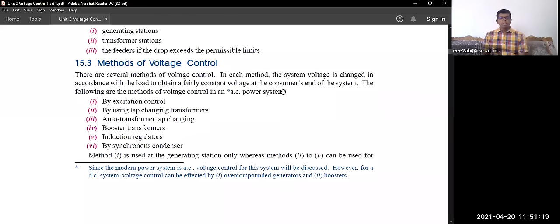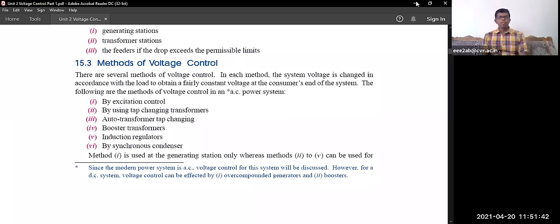In today's class, we are going to see about the methods of voltage control. There are several methods of voltage control. In each method, the system voltage is changed according to the load to obtain a fairly constant voltage at the consumer end.